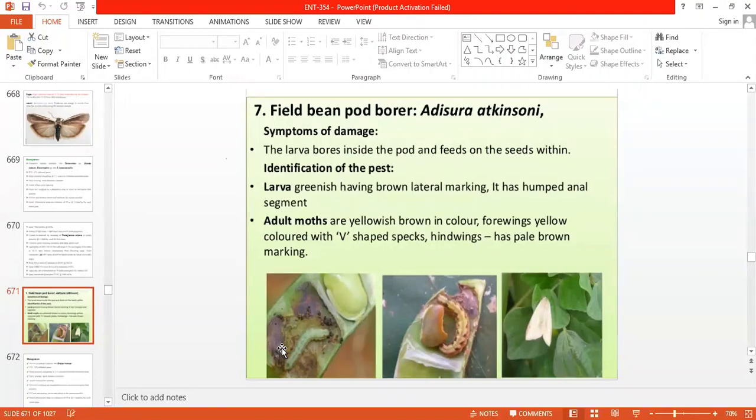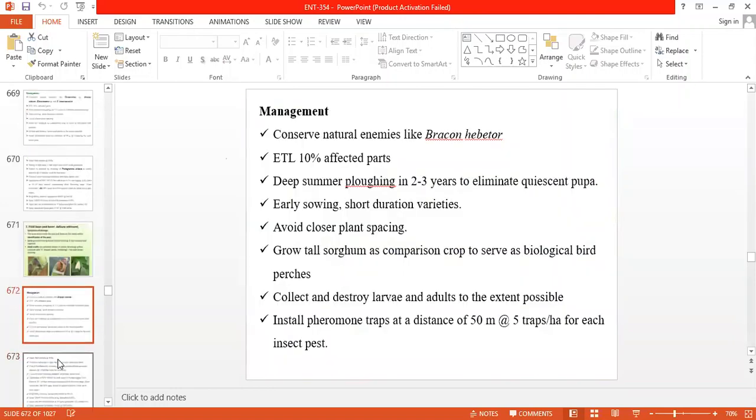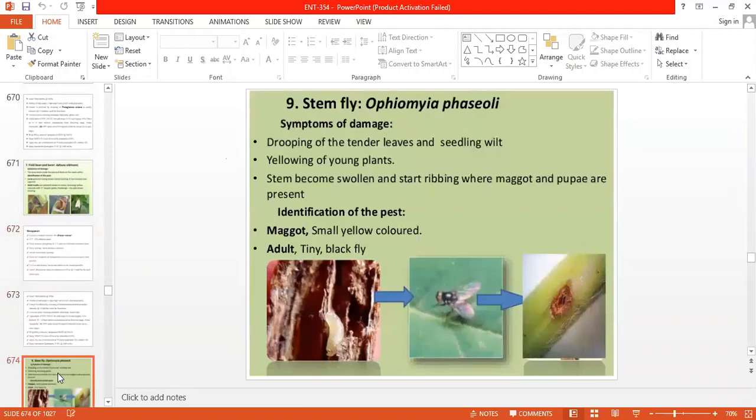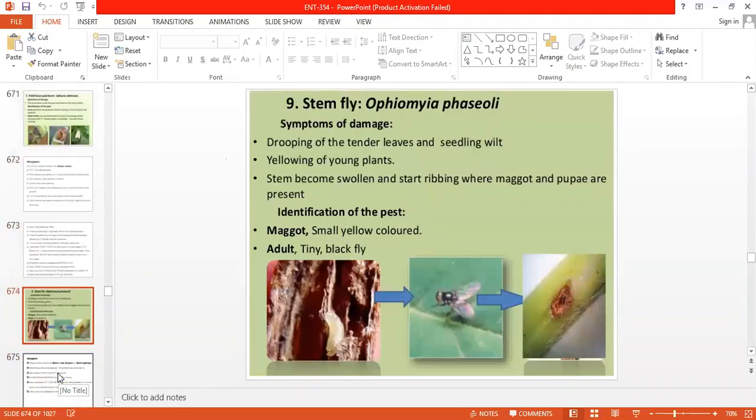It has a humped anal segment. Adult moth is yellowish brown in color. Forewings are yellow colored with fish-shaped spikes, and hind wings have pale brown markings. Management practices are the same as for the pod borers.